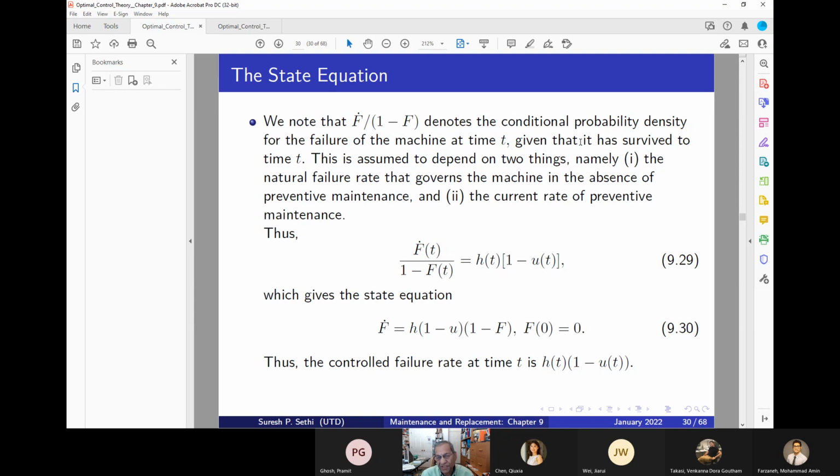There's no way to observe it. All you can do is calculate it mathematically and say what it is. Because if I give you a control u, you can integrate this equation, beginning with 0, and you can find an Ft at time t. So mathematically, I can compute it, but I certainly cannot observe it.